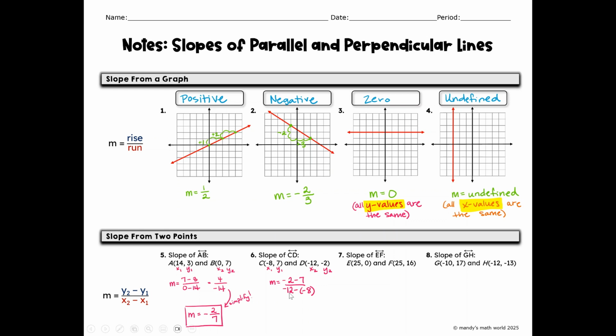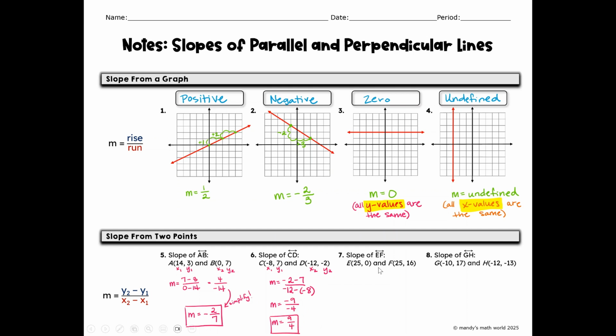Look what that looks like. -12 minus -8, which is really like -12 plus 8. I have students that just go ahead and write that down. And now I'm going to simplify it. -2 minus 7 is -9. -12 minus -8, which is like -12 plus 8, is -4. And that simplifies to 9 over 4.